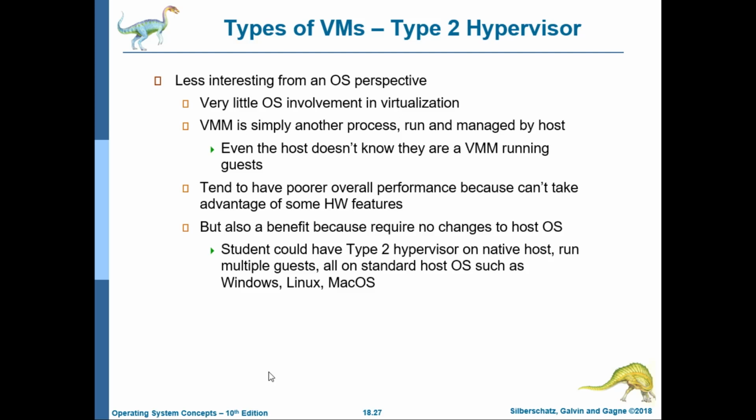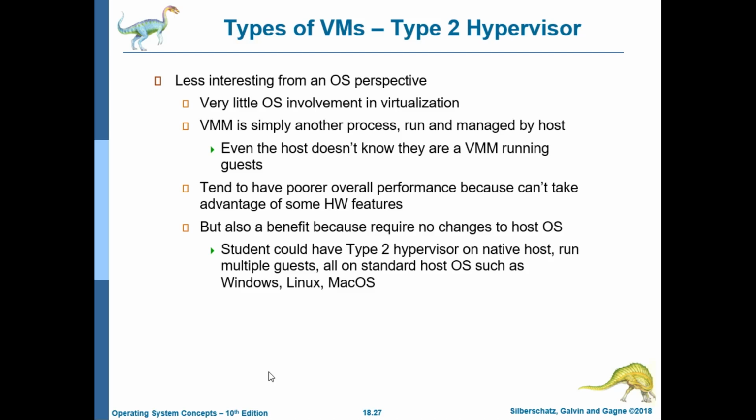Next we have the type 2 hypervisor. As I've already discussed, Oracle VirtualBox and VMware Player are examples. It is less interesting from an OS perspective, with very little OS involvement in virtualization. The VMM is simply another process run and managed by the host, which is the operating system. Even the host doesn't know there is a VMM running the guests.